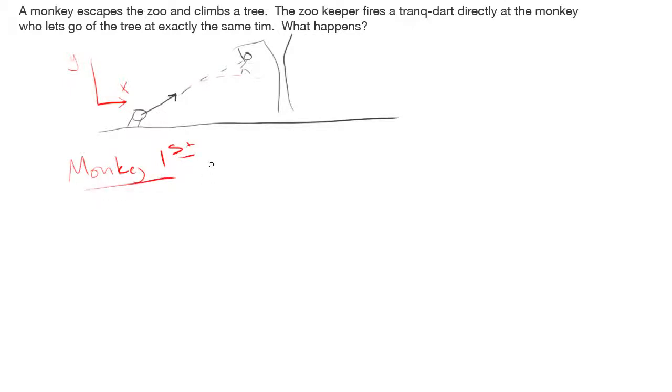All right? So the monkey, like I just said, drops straight down. And so that means I don't have anything going on in the x direction. I can just look at the y direction. And all I'm really interested in is how far does the monkey drop?